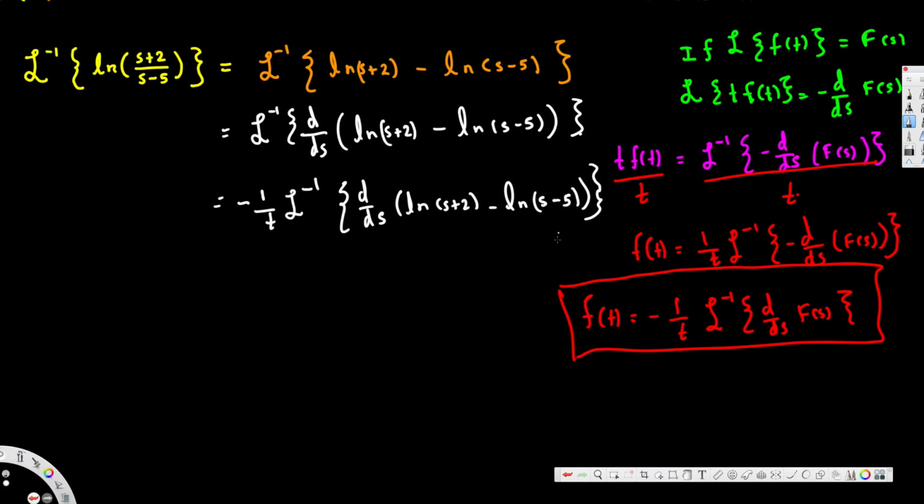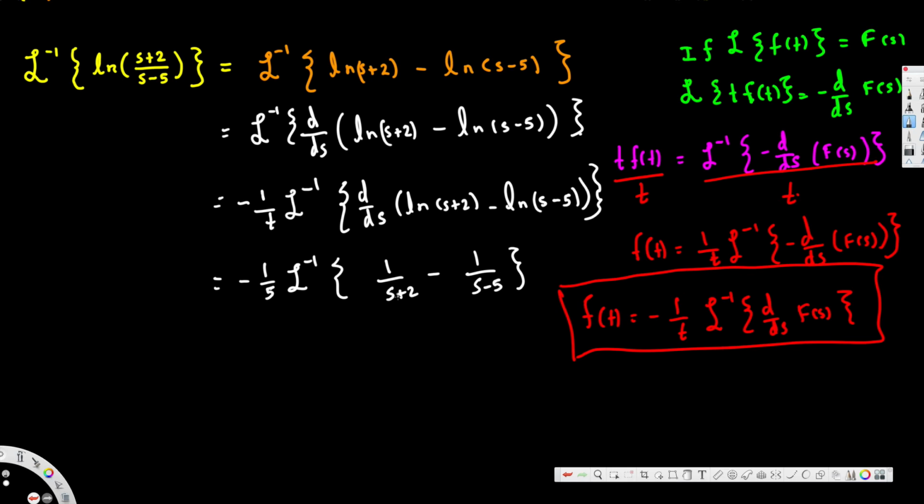If you take the derivative of ln of s plus 2 and ln of s minus 5, that turns into minus 1 over t times the Laplace inverse of 1 over s plus 2 minus 1 over s minus 5. Now we can do the inverse Laplace transform.